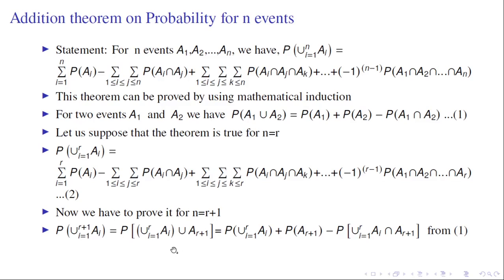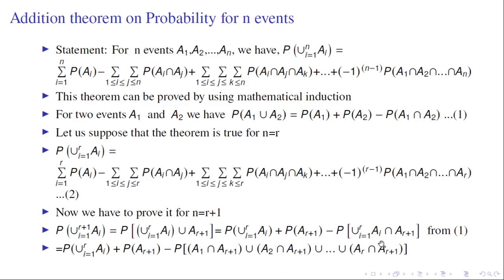Apply the addition theorem on probability for 2 events: probability of the first term union i equal to 1 to r Ai, plus probability of the second term A r plus 1, minus probability of the first term intersection A r plus 1, from the addition theorem on probability for 2 events.